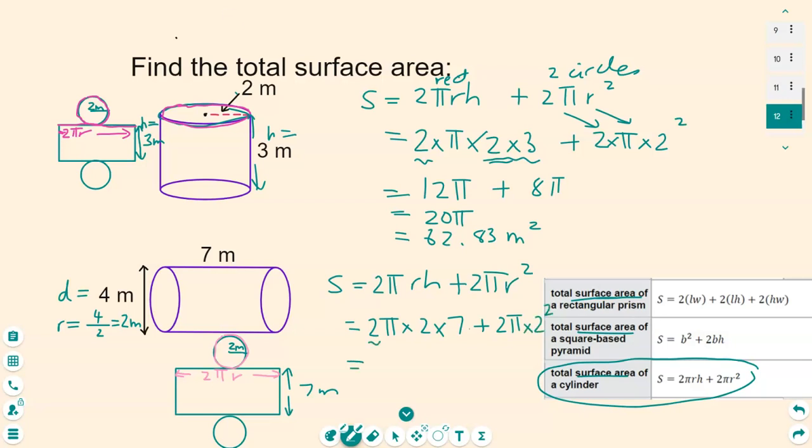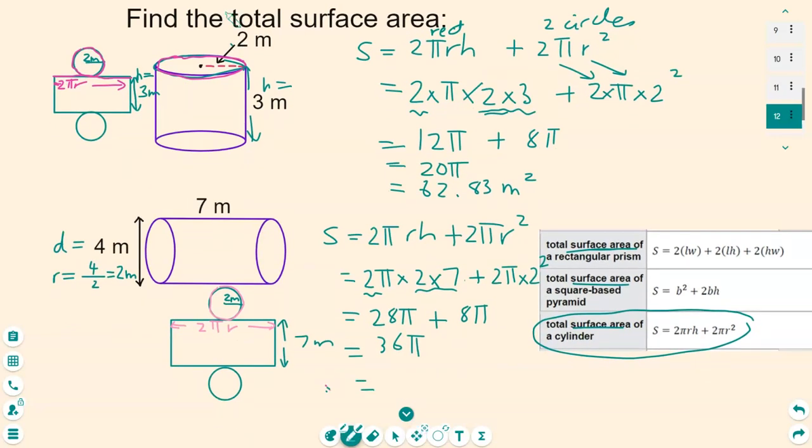Now simplify it a little bit by collecting those constants out the front. 2 times 2 is 4 times 7 is 28. And we've got 2 times 2 squared. Well, 2 times 4 is 8 pi. And if you were asked to leave it as an exact value, you would get 36 pi.